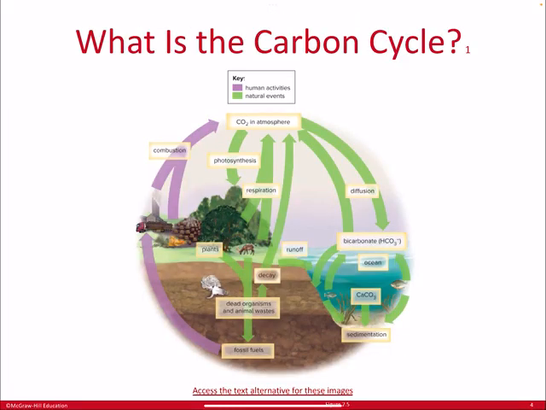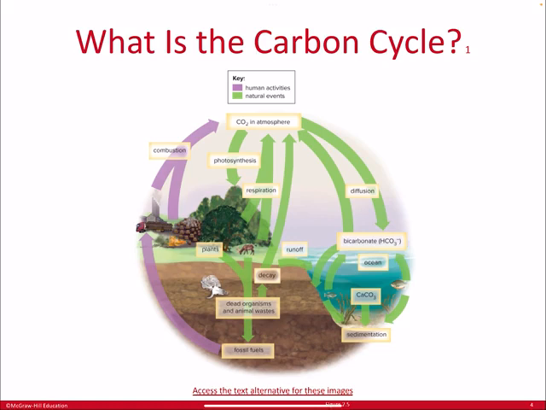Well, carbon is very abundant on the planet, and carbon gets cycled through these geochemical processes, which means that living organisms absorb carbon, and carbon is sometimes stored in the earth as well.